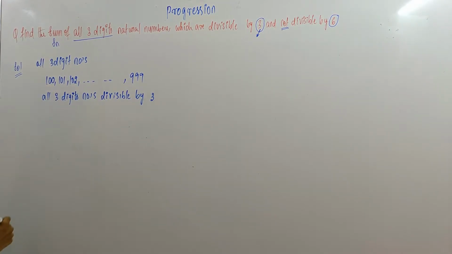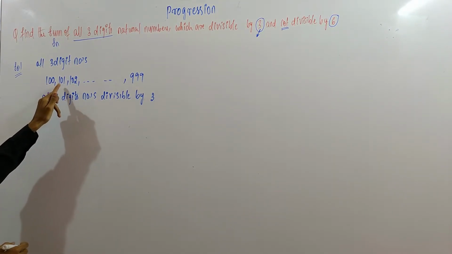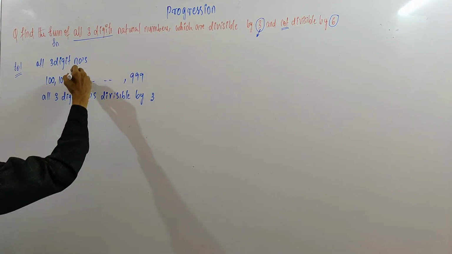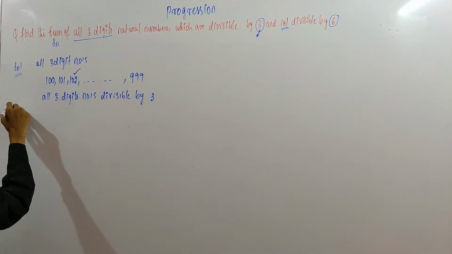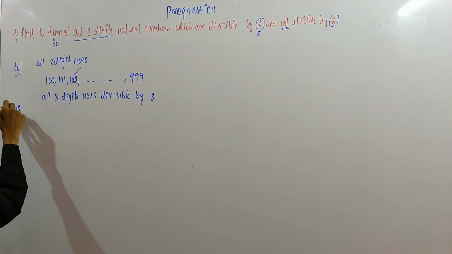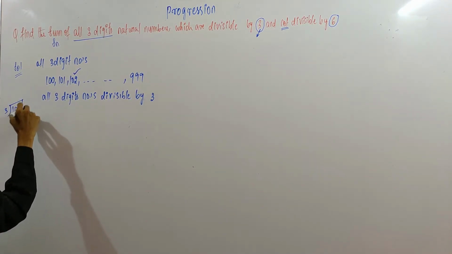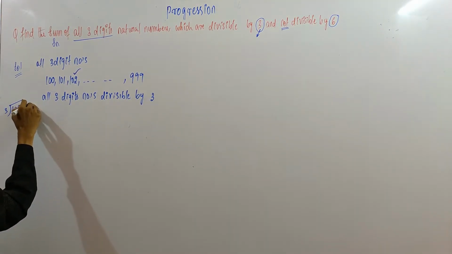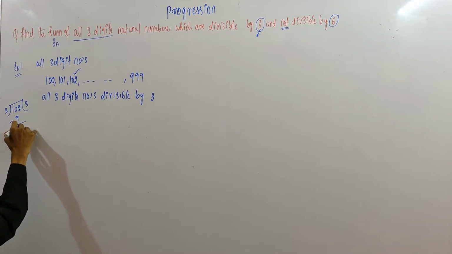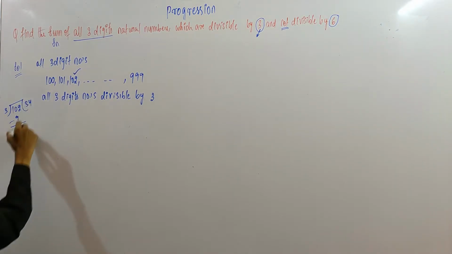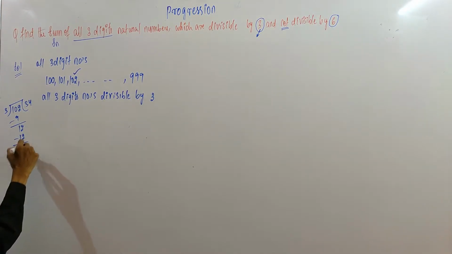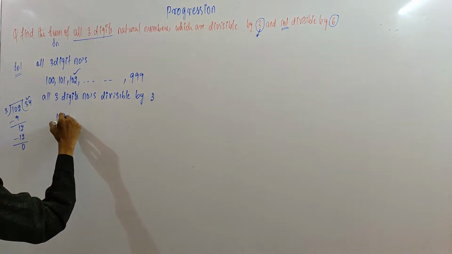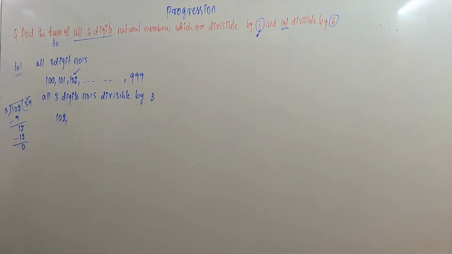The first number is 100. 100 is not divisible by 3. 101 is not divisible by 3. 102 is divisible by 3. Let us check: 3 threes are 9, 3 fours are 12. So we can say that 102 is divisible by 3.